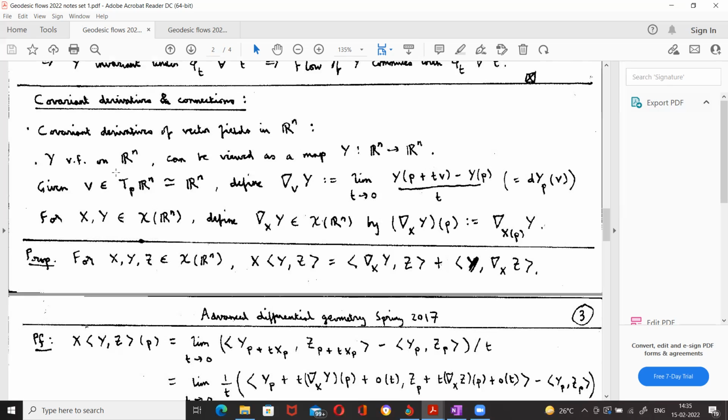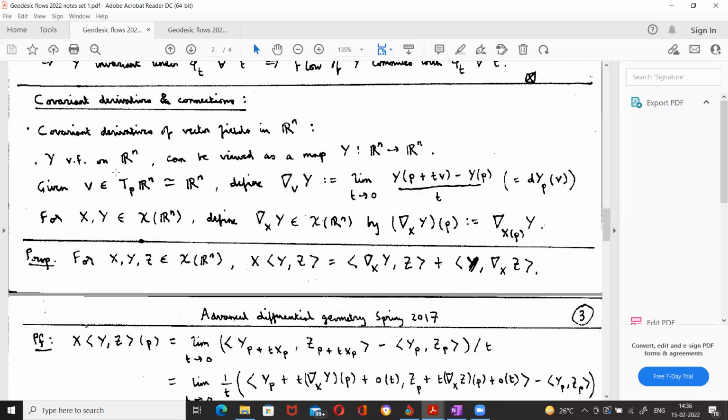If I have a curve in the manifold, I want to differentiate the vector field along that curve. It doesn't make sense a priori because the vector field takes values at different points along the curve in different tangent spaces. Okay, but what a covariant derivative is, is a way of differentiating vector fields along curves, which will give a way of identifying tangent spaces.